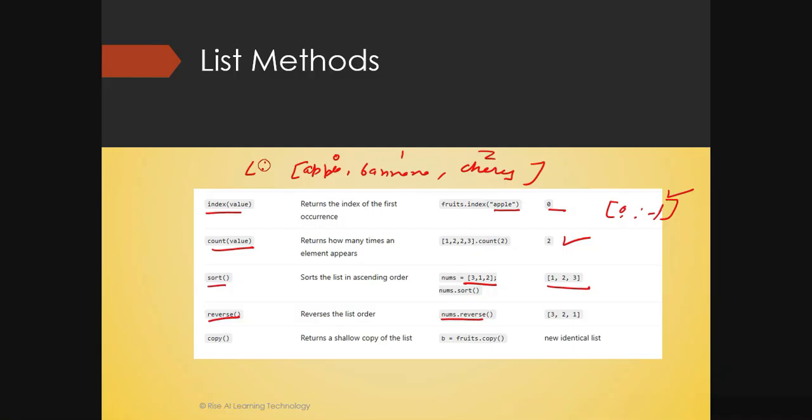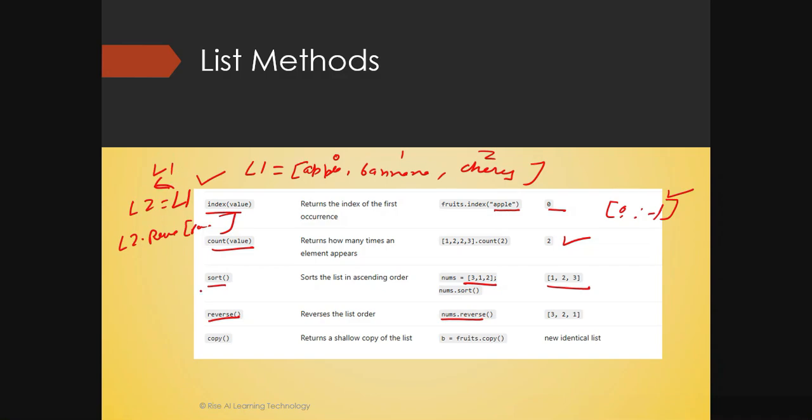Suppose this is my list L1, and I want to assign this to another list called L2, L2 equal to L1. If I simply assign this and do some operation on it, suppose on L2 I say remove banana, it is going to remove that banana from there, because here it is addressing the same list, so it will remove this from that.